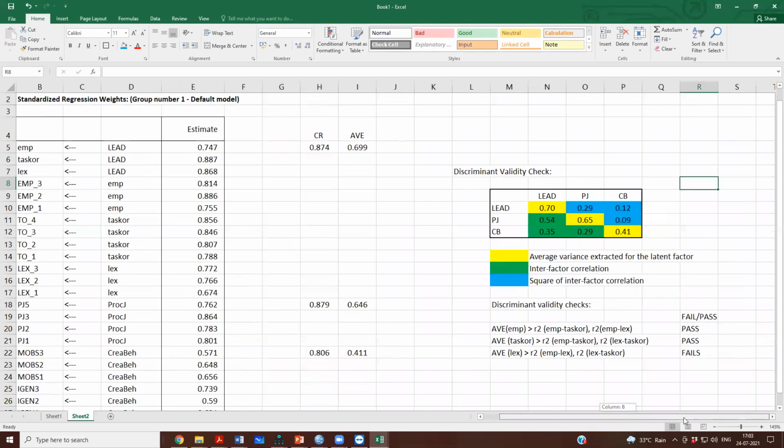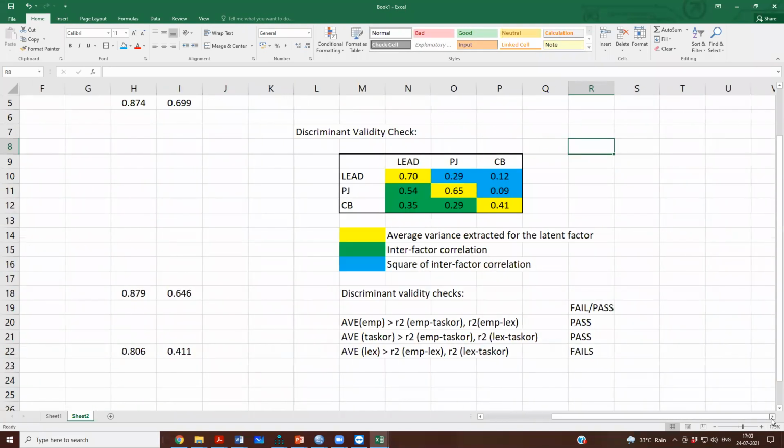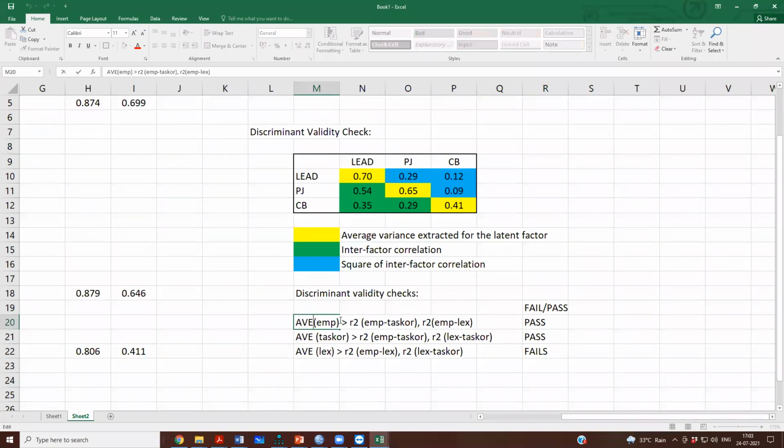Now, how will we check the discriminant validity? The conditions will be: AVE of lead is greater than R square of lead with PJ and R square of lead with CB.